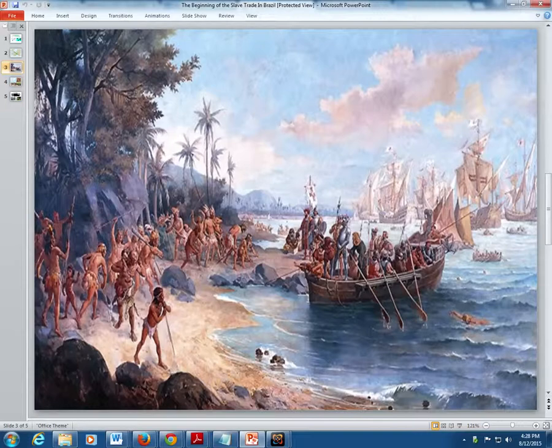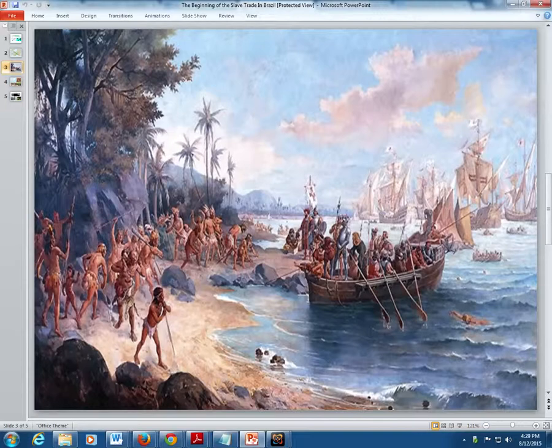Da Gama had just rounded Africa a few years earlier, and the Portuguese were absolutely shocked at how trusting the natives were whenever they landed here. Cabral's entrance into Brazil is indicated in this painting right here.